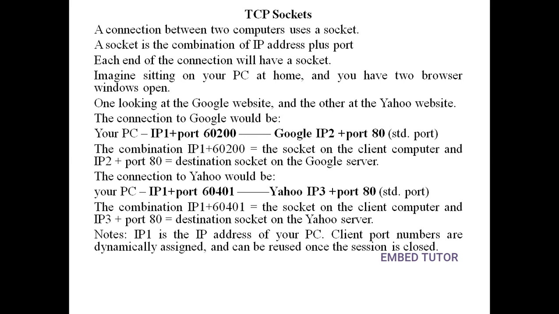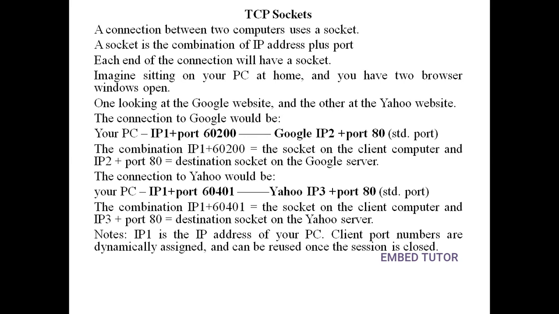The second TCP connection is to the Yahoo server, and that will contain a combination of IP1 plus 60,401 as your port number, with IP3 and port number 80 on the destination socket on the Yahoo server as your TCP connection 2. So the TCP connection 1 and the TCP connection 2 are differentiated by any one of the parameters, that is the source IP, source port, destination IP or destination port.